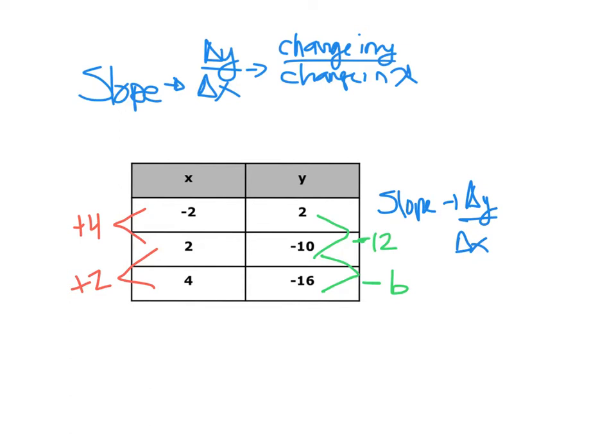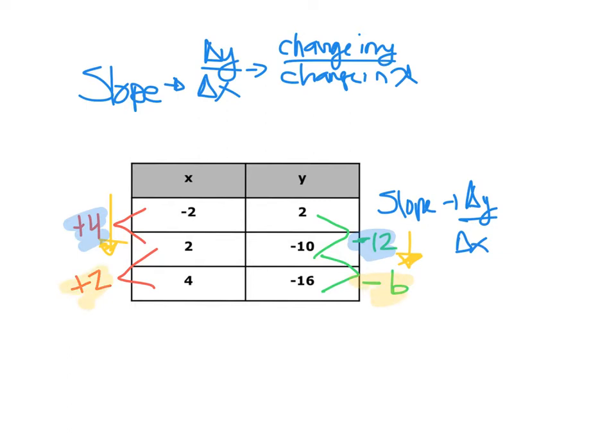What we do need to make sure of is that we compare values that are in the same location, so the same ratio. For example, negative 12 with the same location, a positive 4, and then negative 6 with positive 2.